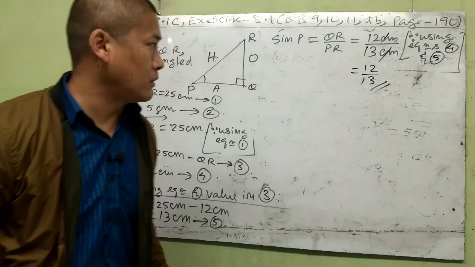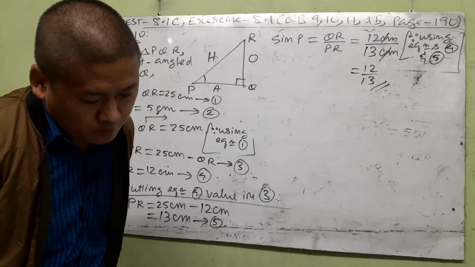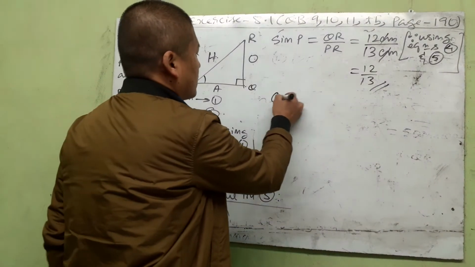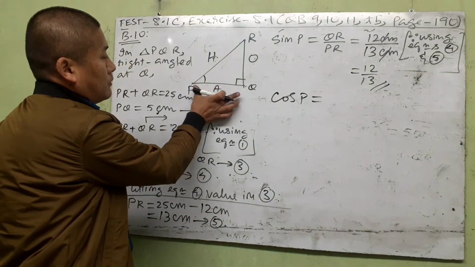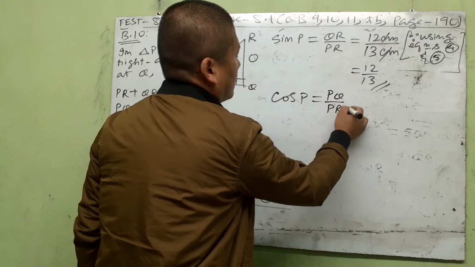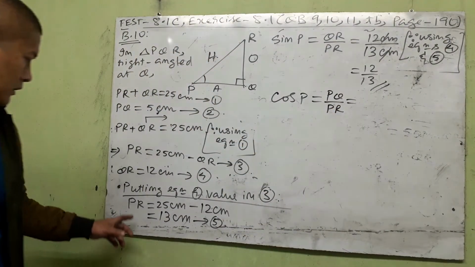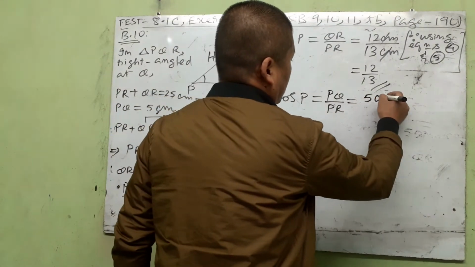Can't cancel anymore. Sine P, then next one is cos P. Okay, cos P. So cos P is adjacent by hypotenuse. So adjacent here, PQ by PR. So PQ is here 5 centimeter.